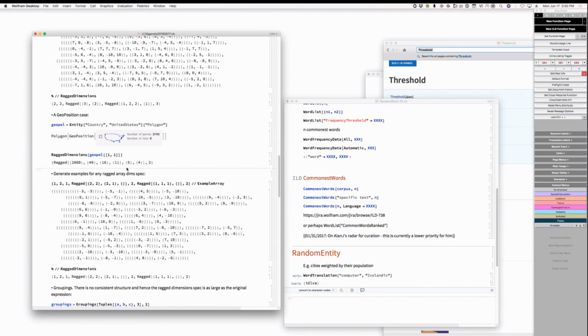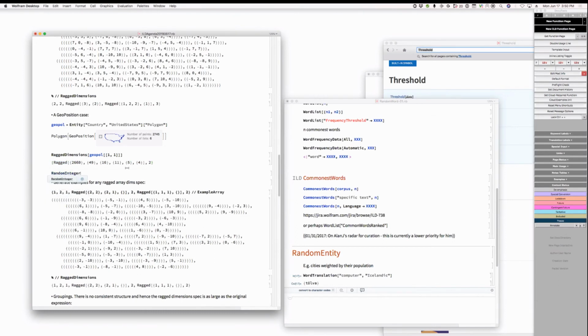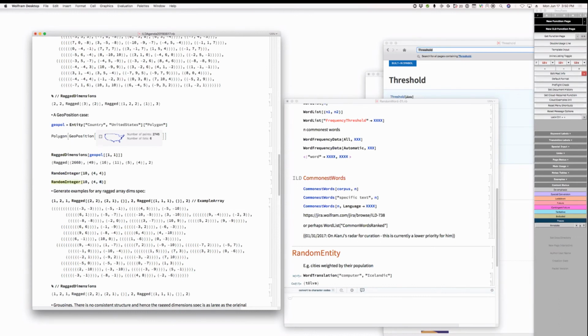So in particular, the way that would look is random integer, 10 or something. And that would essentially fragment. This would make for a deeper structure. There's no point in it being ragged if it isn't going to go deeper, there's no reason for it to be ragged, so to speak. I mean, you can have the last dimension being ragged, but well, okay.